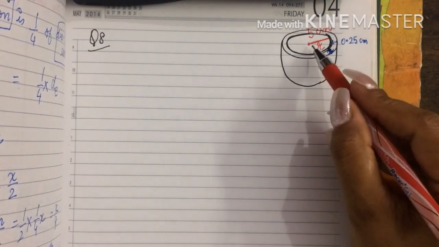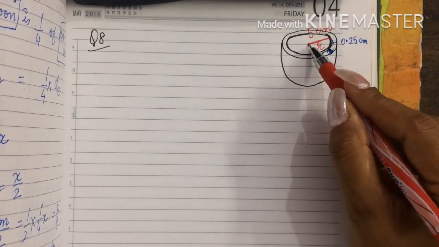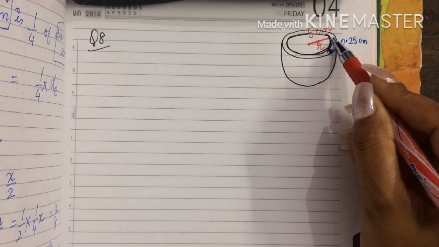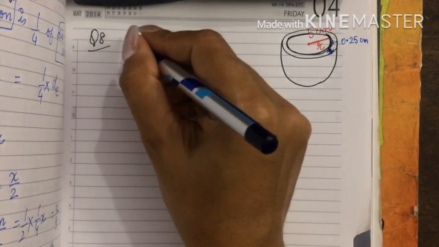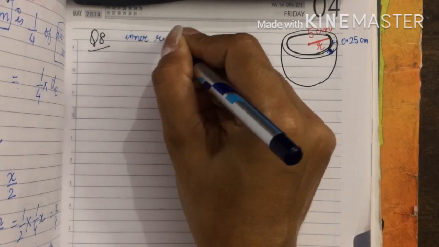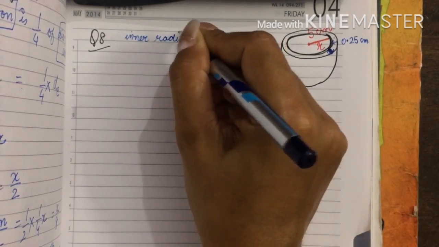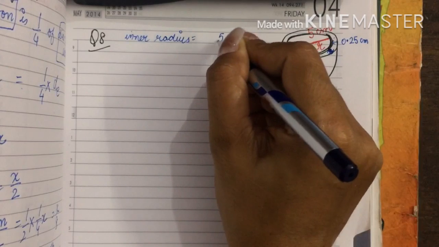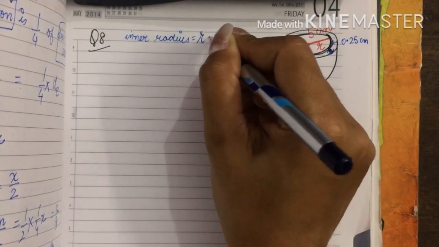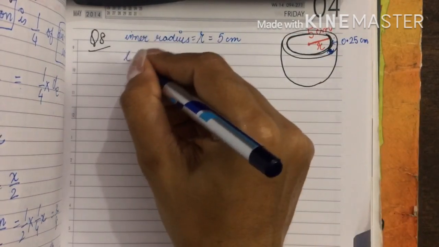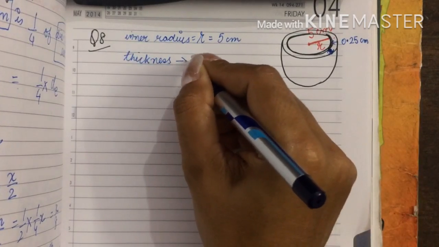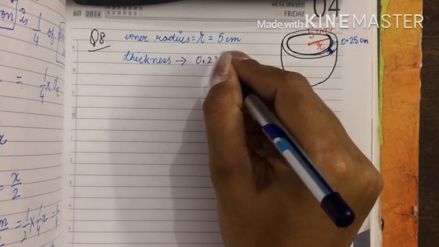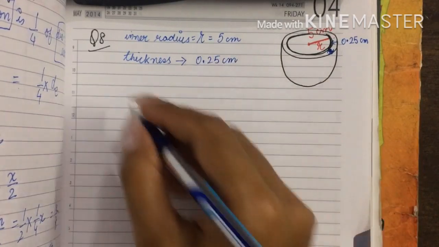So from here you can see the outer radius will be inner radius plus the thickness. Let's write down. Inner radius, it is given as 5 centimeters. Let's represent it by small r. The thickness is given by 0.25 centimeters.